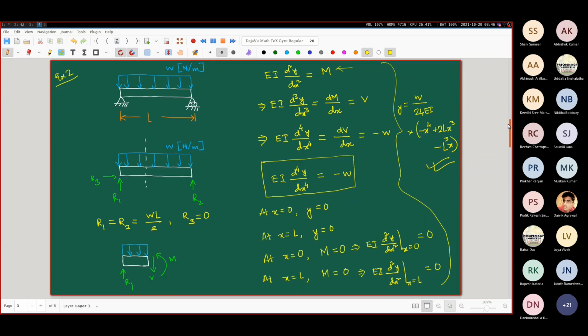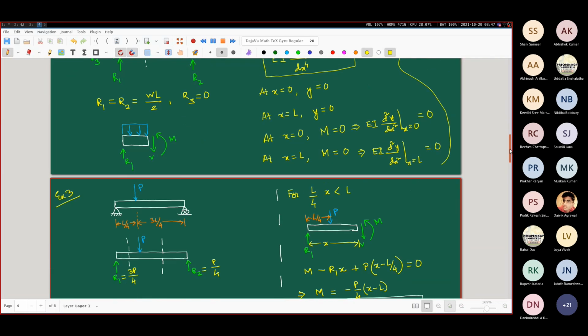We moved on to simply supported beams, where we had to contend with pinned supports, and the conditions present there are that the deflection is 0 and the bending moment is 0. Although, depending on which form of the governing differential equation you are using, you may or may not get to use the M equal to 0 condition, as was illustrated in example number 3.